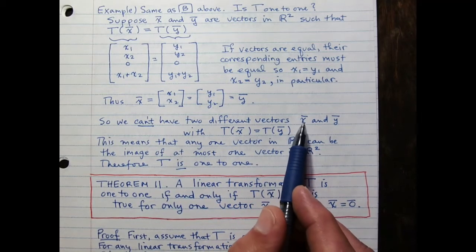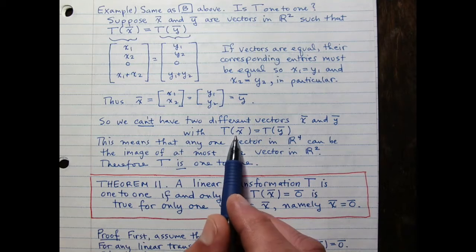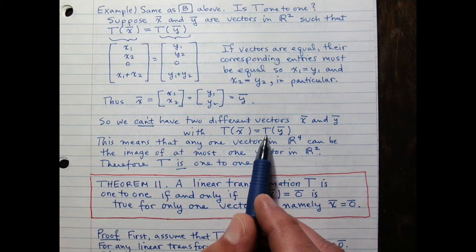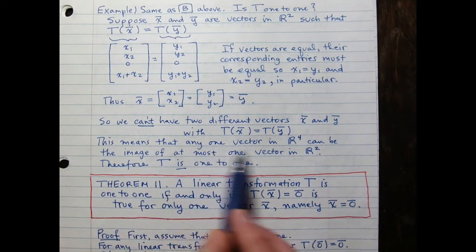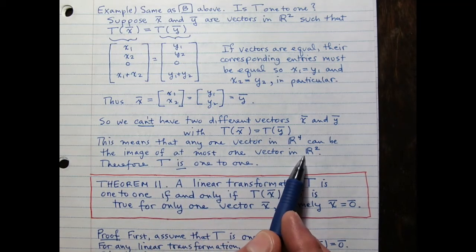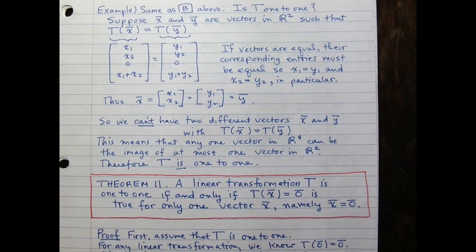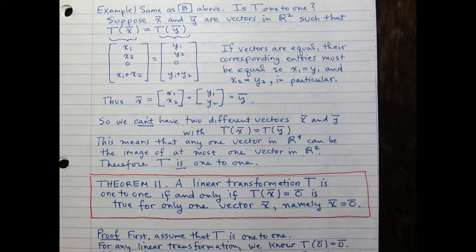There's no way for two different vectors, x and y, to end up with T of x equals T of y. This means that any one vector in R4 can be the image of at most one vector in R2. Therefore, the transformation in that example is one-to-one. Now, I'm not going to ask you to reproduce this kind of argument, so I'm not going to dwell on it.